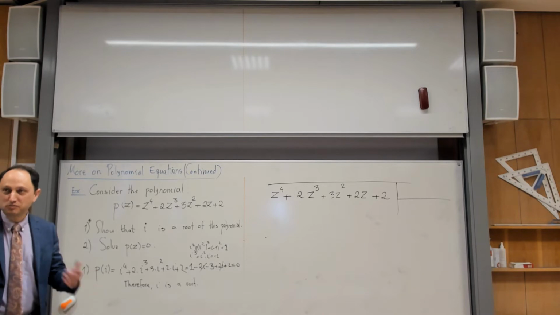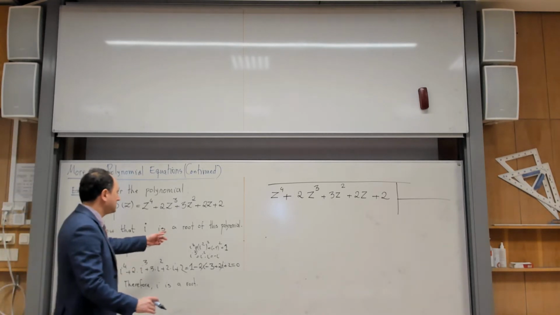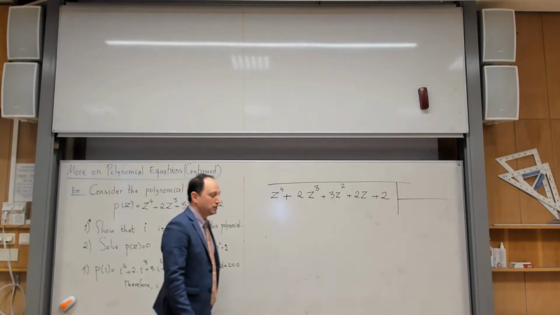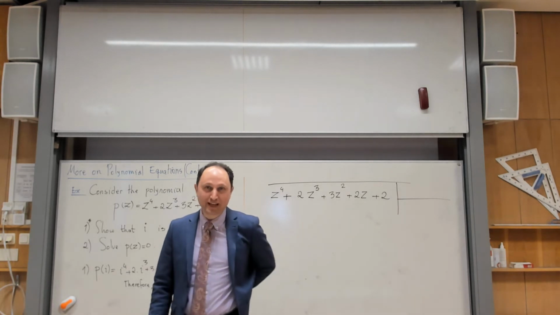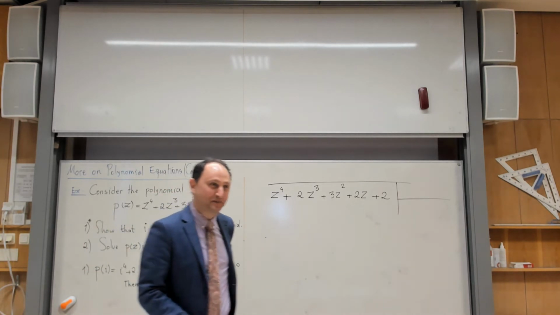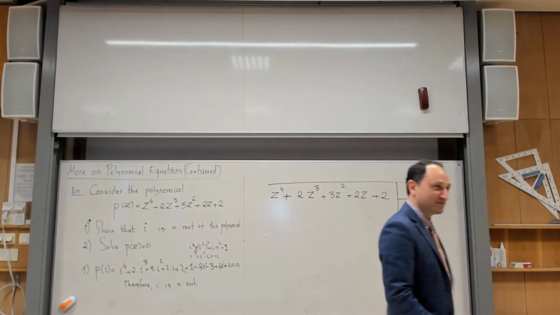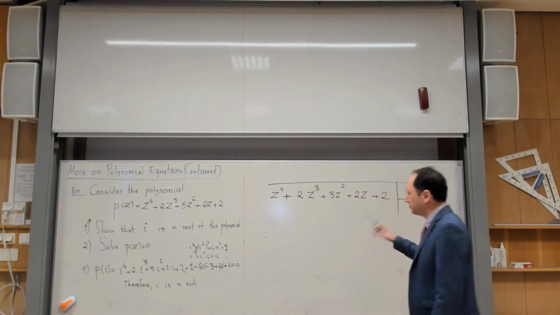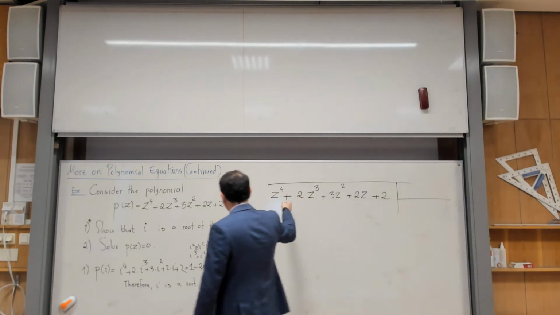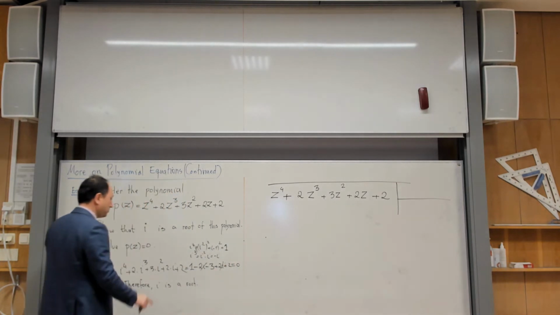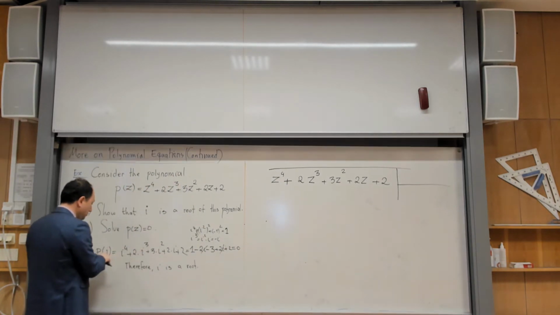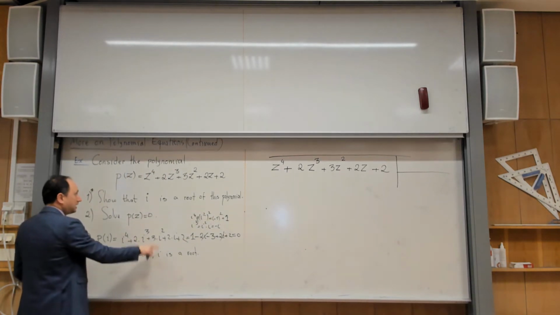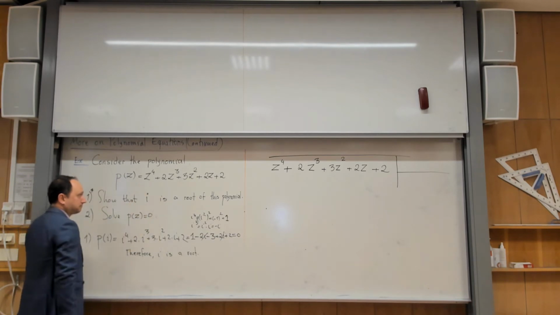When you say it is divisible, this is not something that you need to push hard on your memory. You shouldn't remember something. This is divisible by, so I is a root of this. What does it mean?